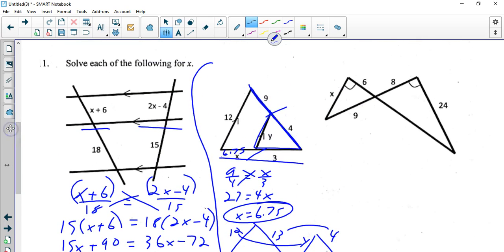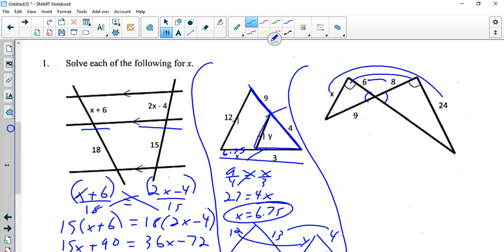And last, but certainly not least, 6 corresponds to 8. x corresponds to 24. Now, how do you know these are similar triangles? We have vertical angles right there, and we have matching 90-degree angles.